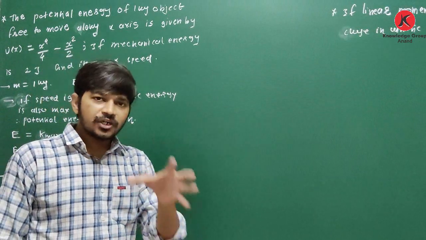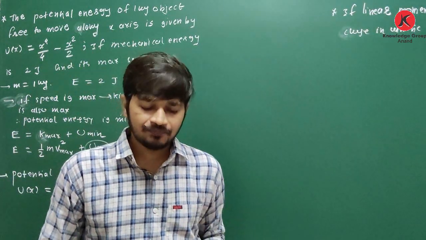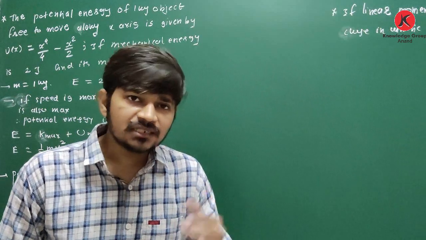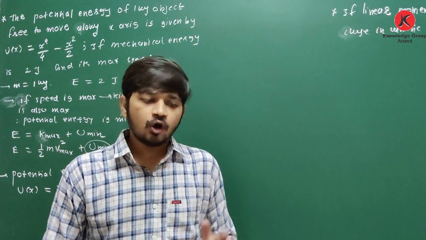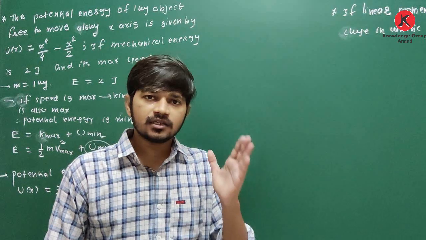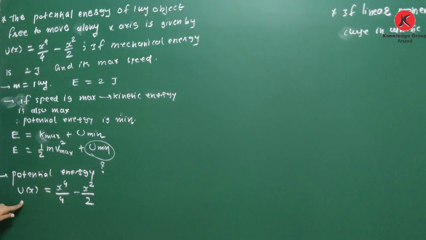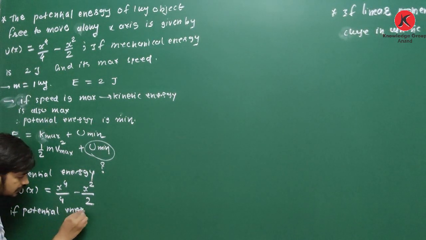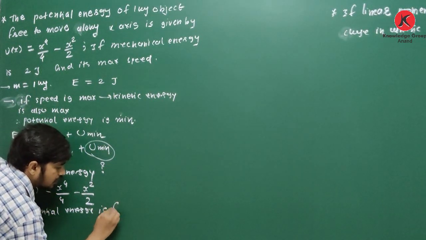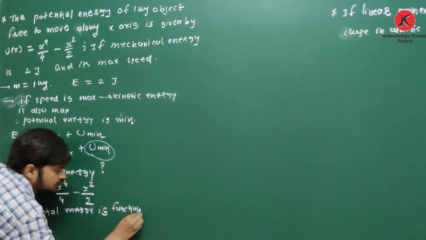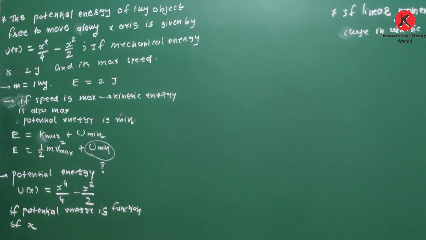If a quantity is maximum or minimum, then differentiation with respect to the variable on which it depends is 0. Here potential energy is a function of x.